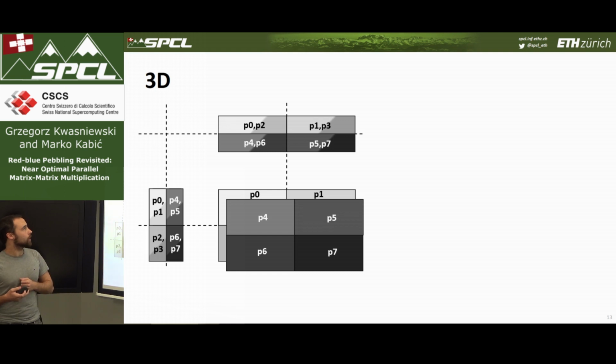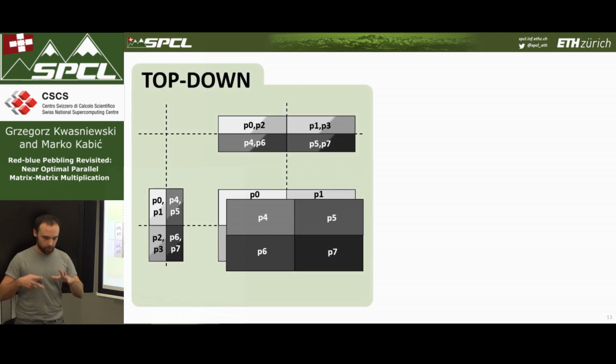So this is what we call a top-down approach. We look at the global problem, the global matrices, we look at how many ranks we have, and we keep on cutting the global domain until we have the number of subsets equal to the number of ranks.